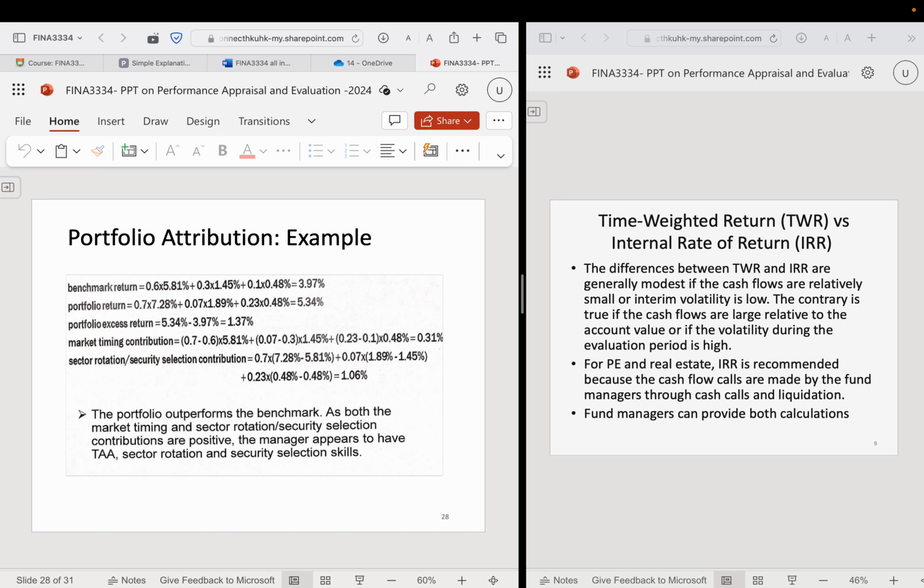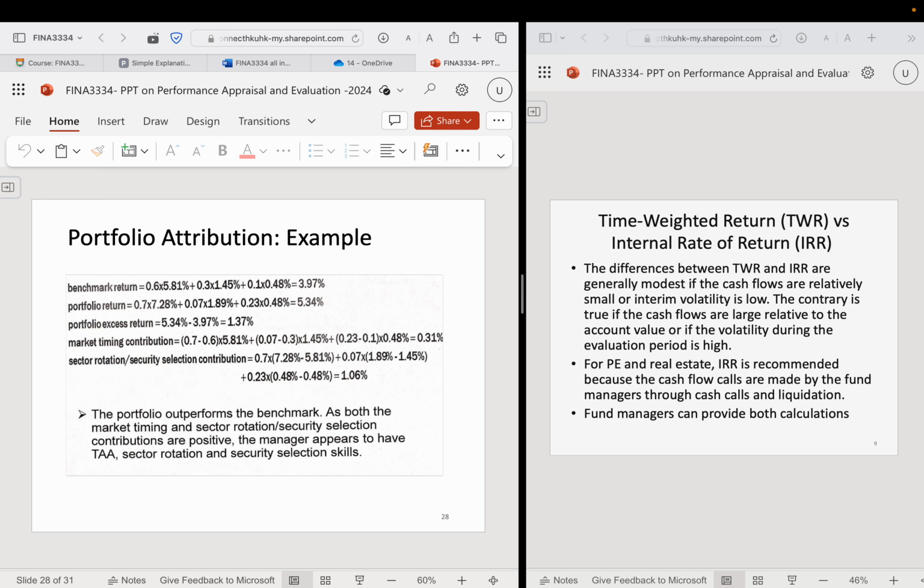This is the outperformance, so that's why I get 1.06. In this case, that means my technique in choosing securities gives me 1% extra return. My technique in overweighting equity and underweighting bond gives me 0.31%. So in total I get 1.37%.